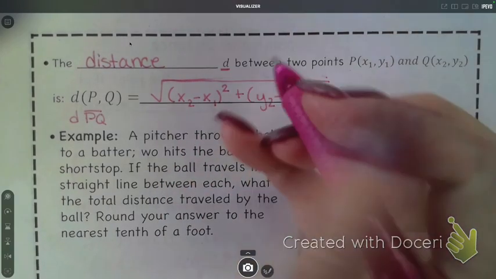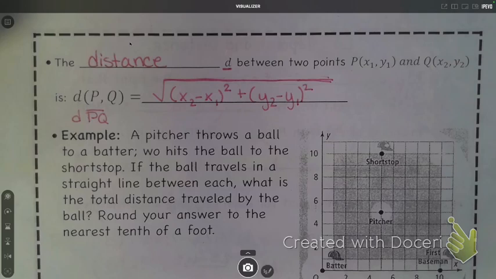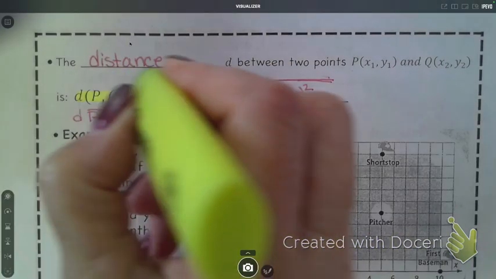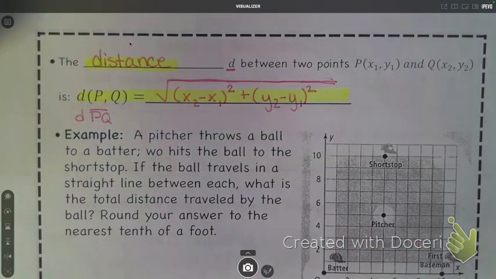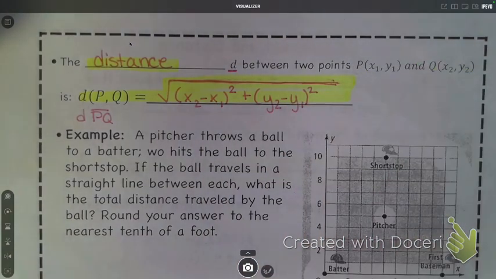Okay, so this is the distance formula. You need to know it. You need to know the midpoint formula. You need to know the distance formula. Don't forget about the square root. Don't forget about the square root.